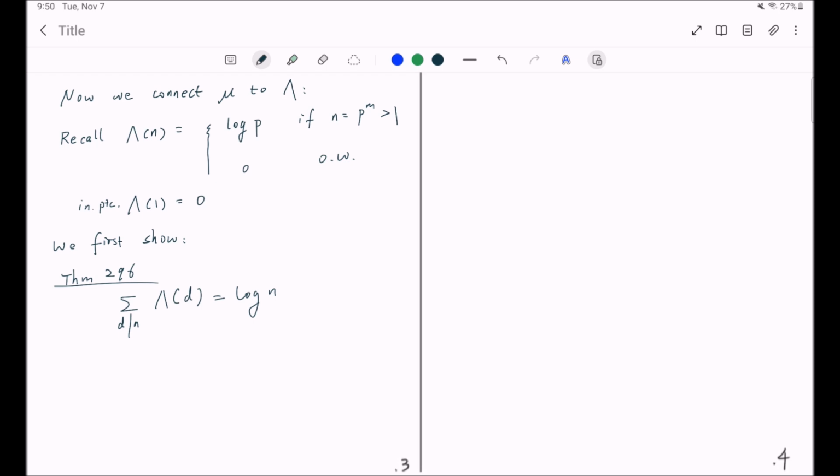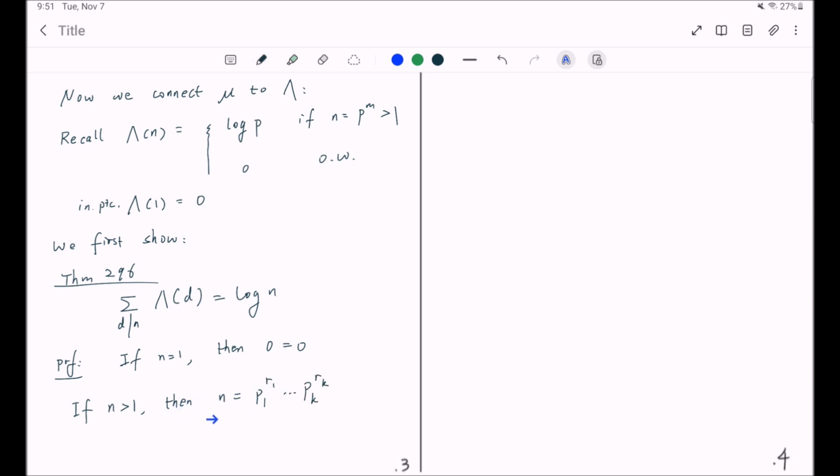So how do we prove this? This is proved by combinatorics, namely by counting. Again, if n is equal to 1, then the statement is trivial, because lambda of 1 is 0 and log of 1 is also 0. Now if n is bigger than 1, then we use a prime decomposition again.